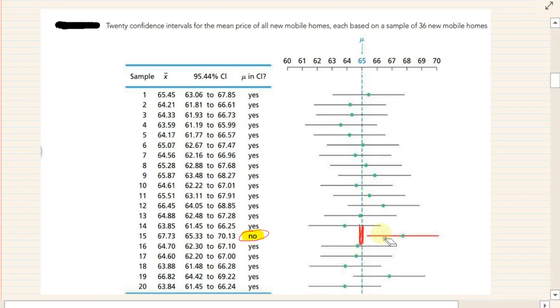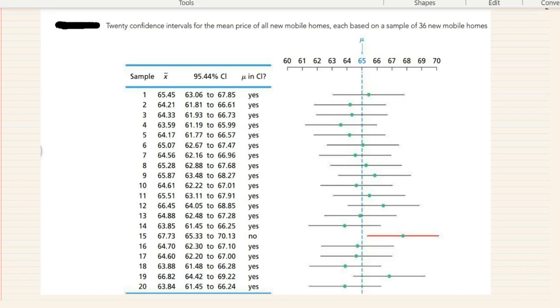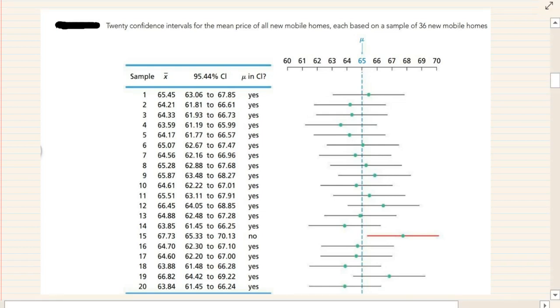Now, let's say you and I go out and do this, we're going to get our own confidence intervals, correct? And we don't know if our confidence interval is one of those yeses or one of the nos. True? Because again, there's no way of knowing this. In this hypothetical example, it happens that we know the mean is 65.